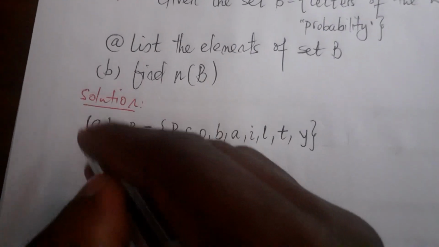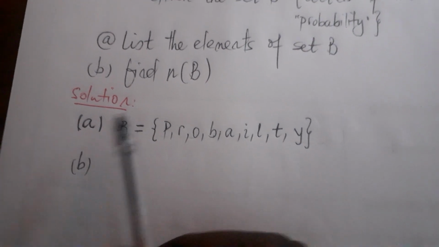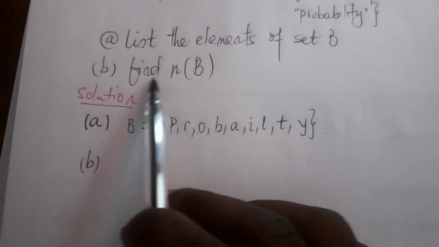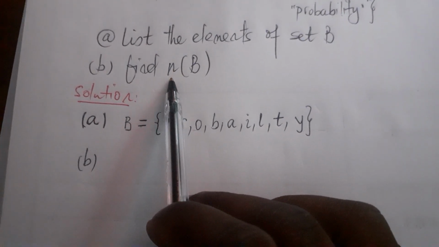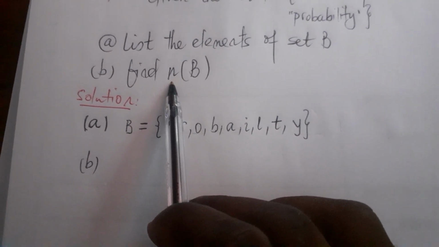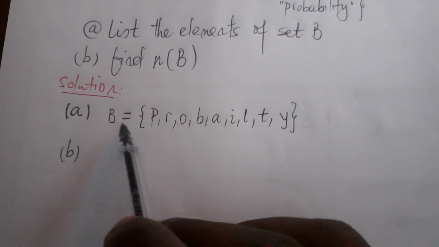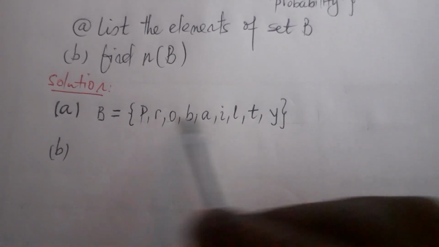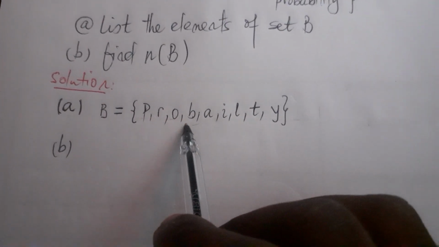Let's look at B. B says we have to find the cardinality of set B, or the number of elements of set B. So here what we have to do, we now have the members of set B, or the elements of set B. They are already listed.